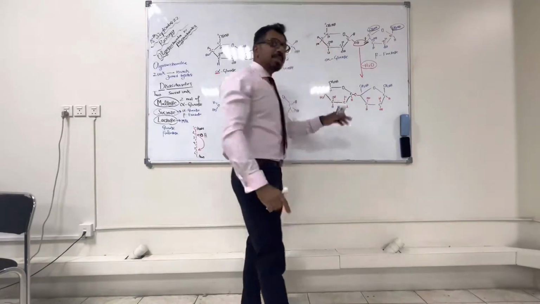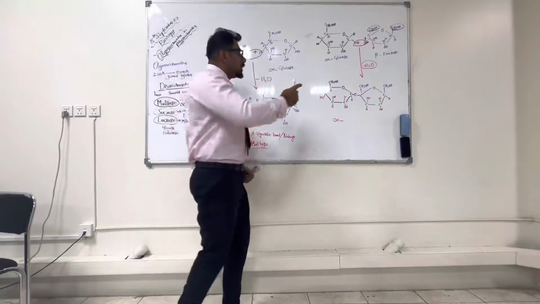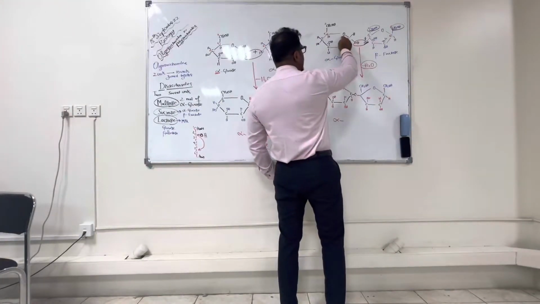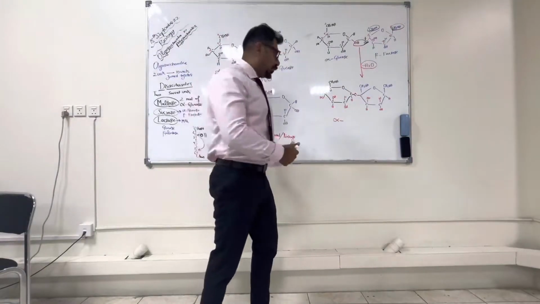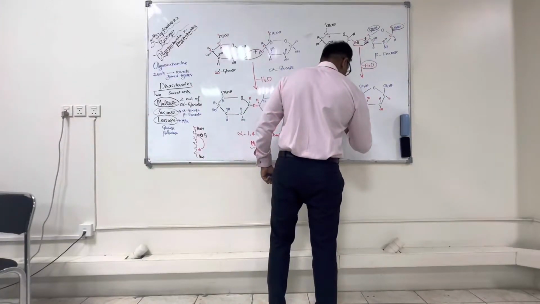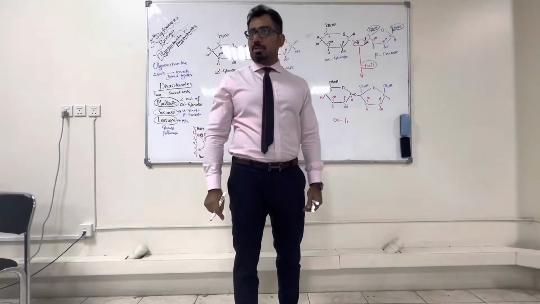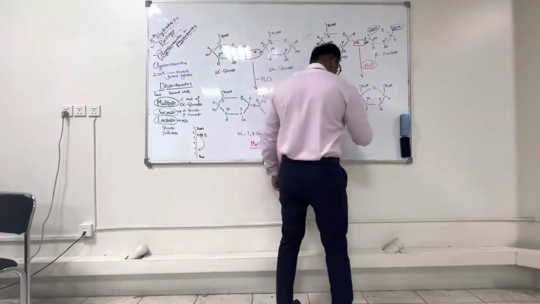Now, in this case, what is happening? First carbon, let's see how, we already know. First carbon of the alpha glucose took part in chemical reaction. We write down 1, comma. And second carbon of the beta fructose took part in the chemical reaction, right? So we write comma 2.